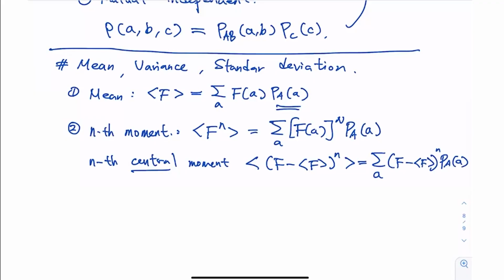So a very special quantity is the second central moment, or the variance.